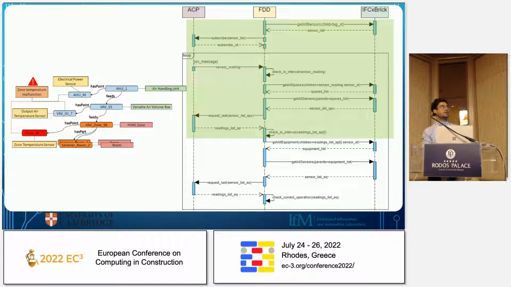In this case, it was an HVAC zone again, and the related rooms to that. And we'll need to check as well what is the equipment that is feeding that room, right? And at the same time checking all the different monitoring points that we've got for that equipment. If we find the problem, that's fine. We've diagnosed the reason for the fault. Otherwise, we keep on going with the surroundings of that equipment and those spaces.